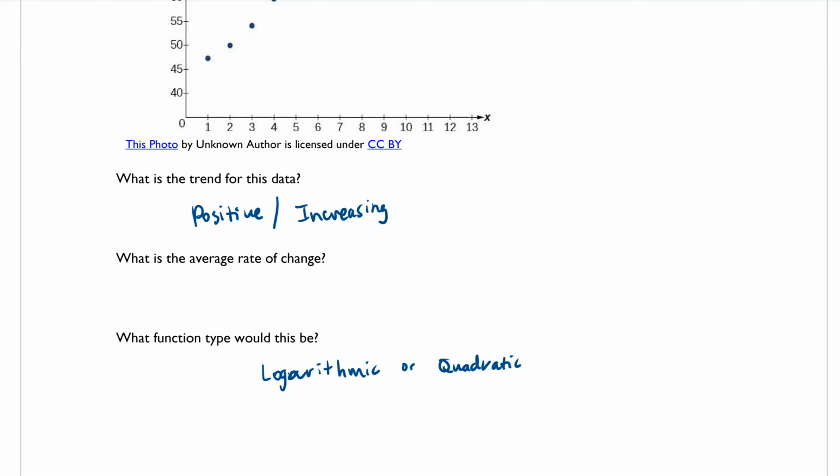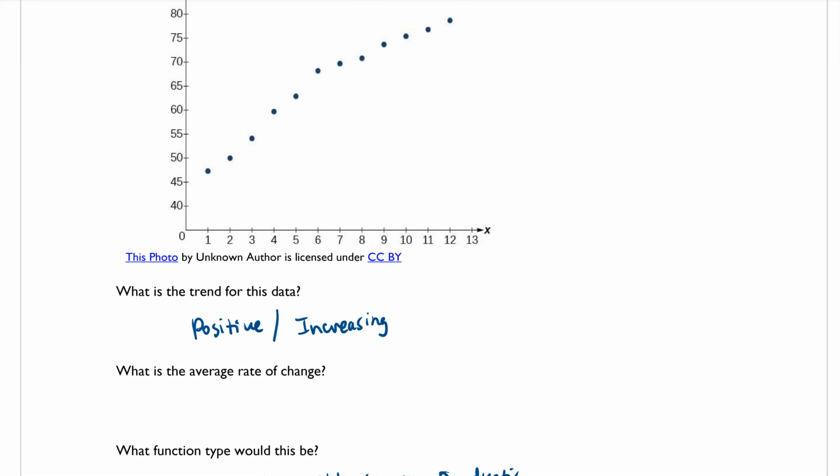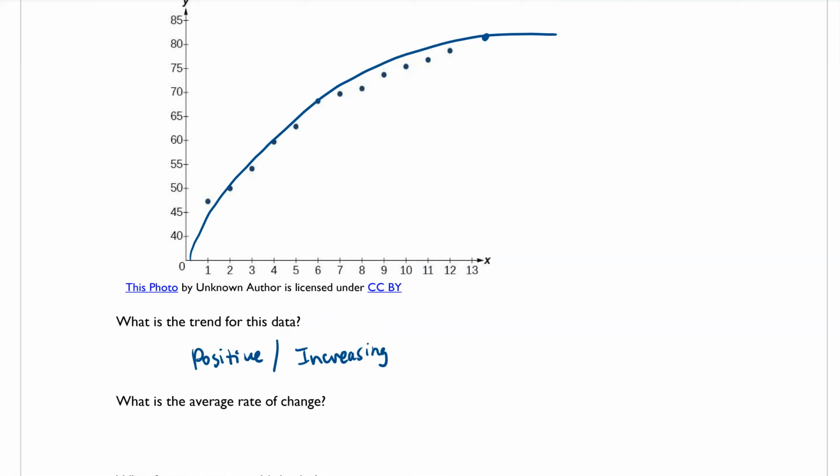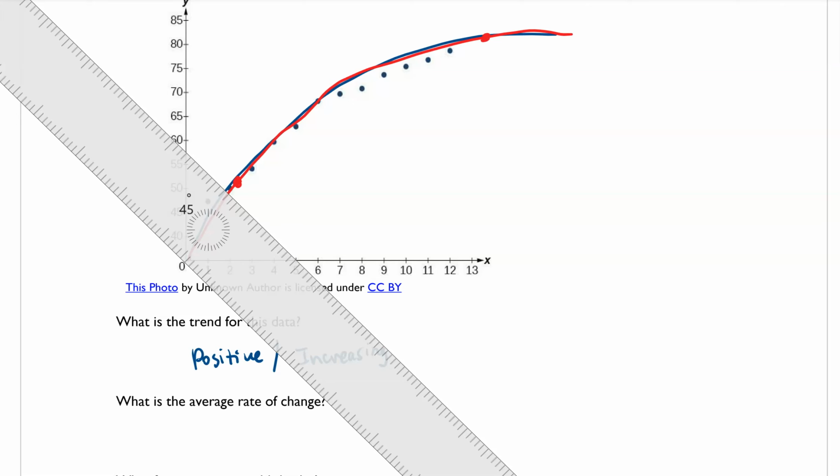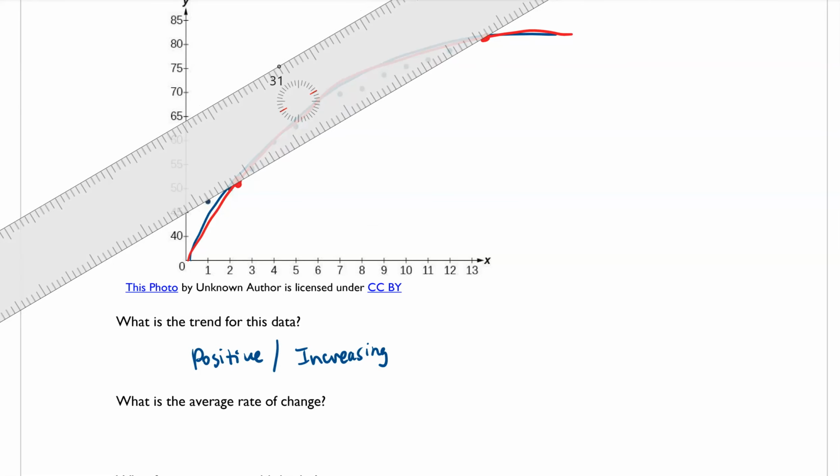And then the other thing is, because it's not linear, when it's asking for the average rate of change, normally what we do is take the average rate of change by taking 2 points on the model. So I have my model here, whether it be logarithmic or quadratic. And normally we calculate the average rate of change by picking 2 points on the model and connecting them with a line and then calculating the slope of that line.